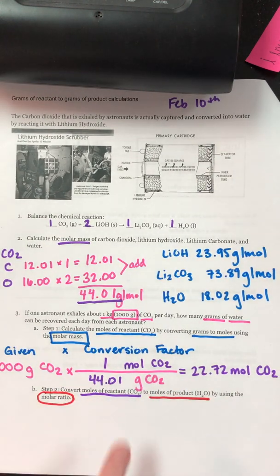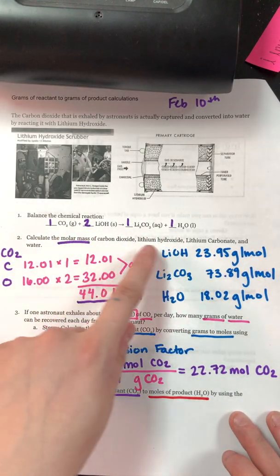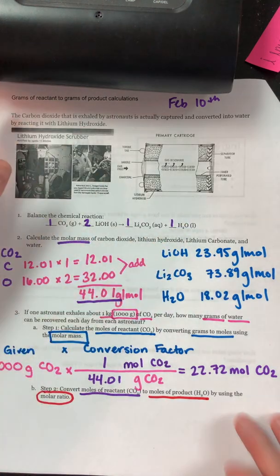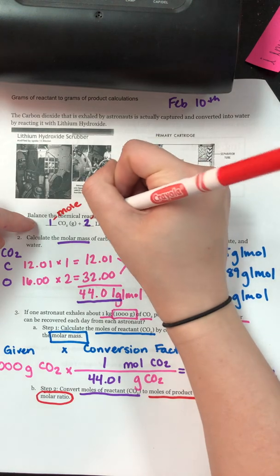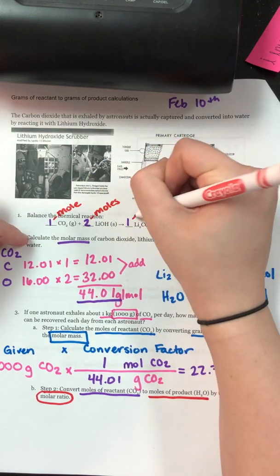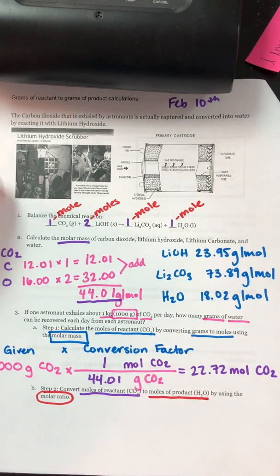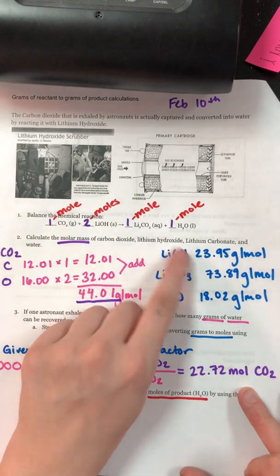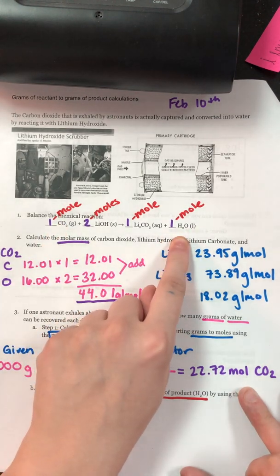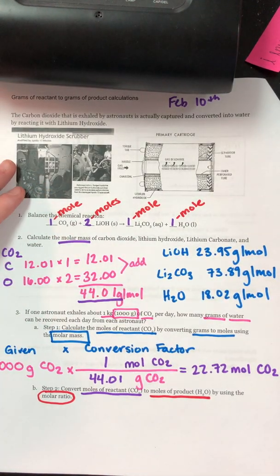The molar ratio, again, is the number of moles of each of these molecules as seen in the balanced chemical reaction. So this coefficient actually means 1 mole, 2 moles, 1 mole, 1 mole. So in this reaction, for every mole of carbon dioxide that is used, 1 mole of water is created, is the product.